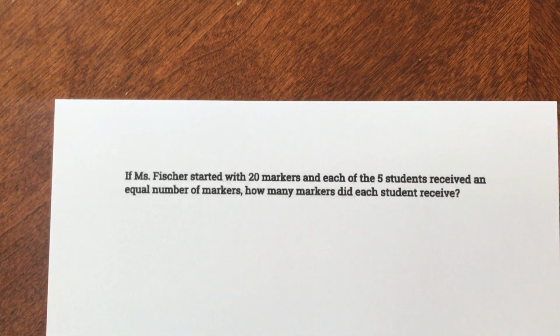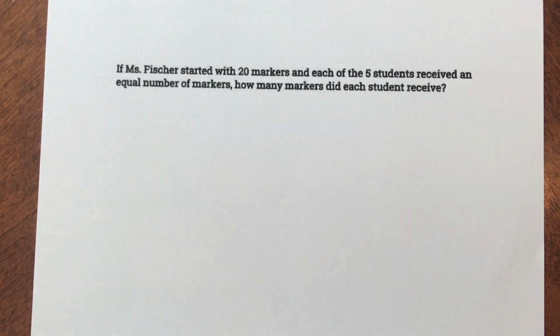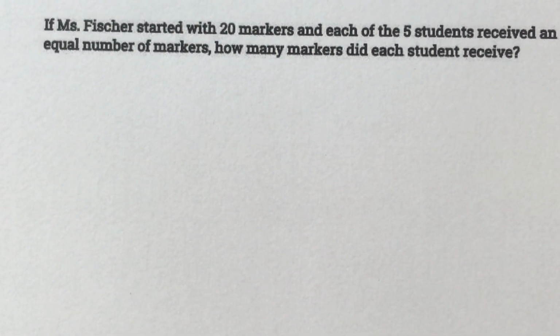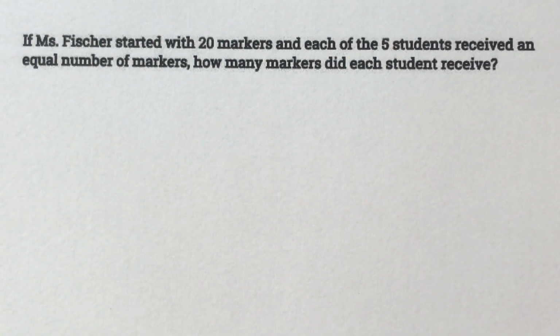Here is my first problem. Let me make this a little bigger so it's easier for you to see. It says, if Miss Fisher started with 20 markers and each of the 5 students received an equal number of markers, how many markers did each student receive? Okay, so what do I see?